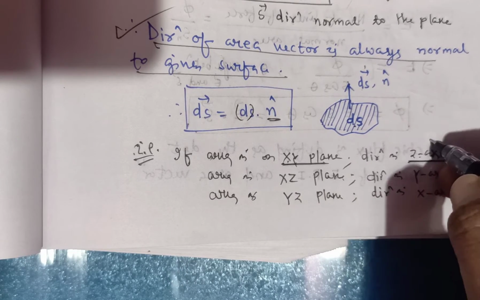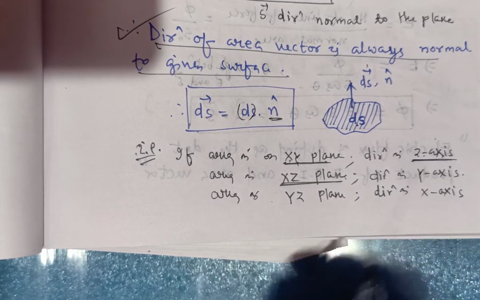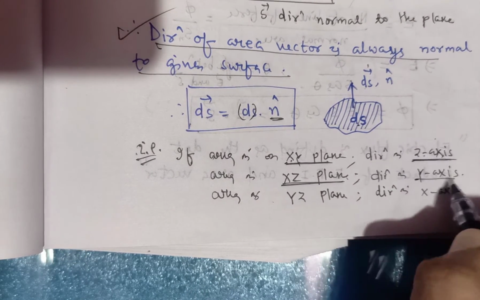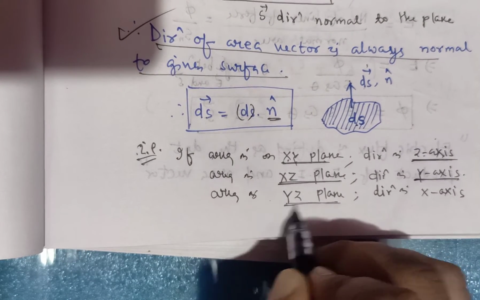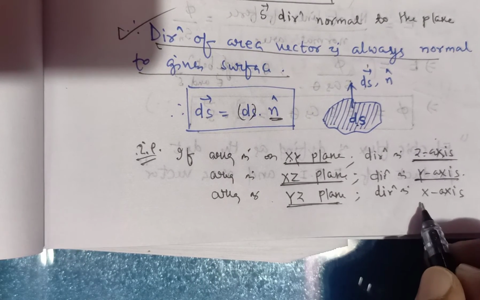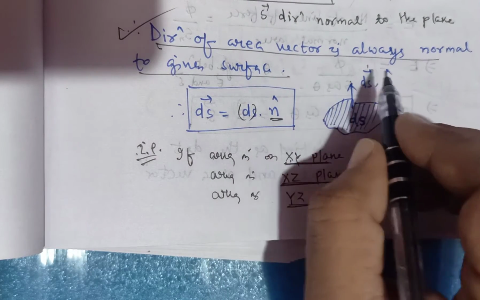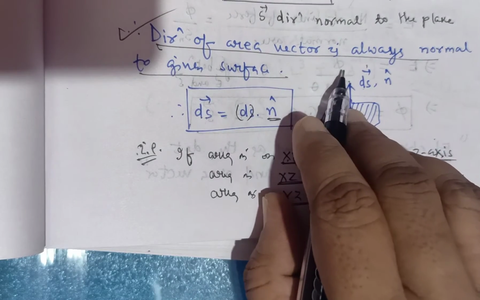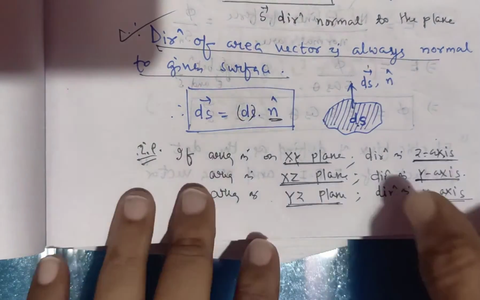That means it is k cap. If the given surface lies on the xz plane, then its area vector is represented along the y axis. If the given surface is the yz plane, then its area vector is along the x axis. That means you should always remember that the direction of the area vector is always normal to the given surface.